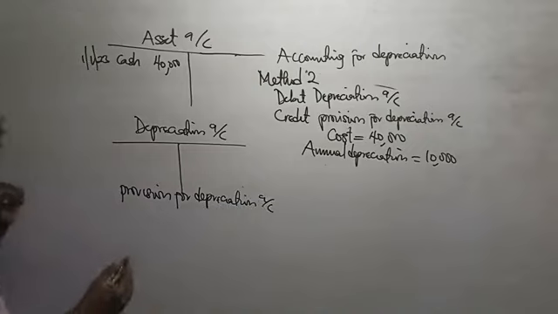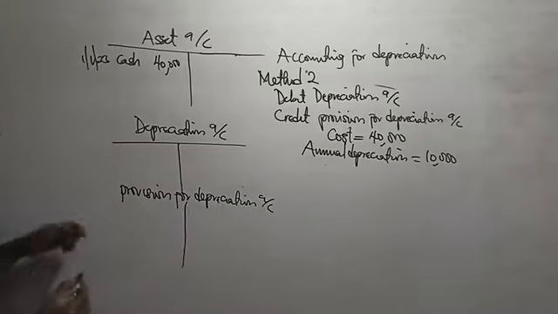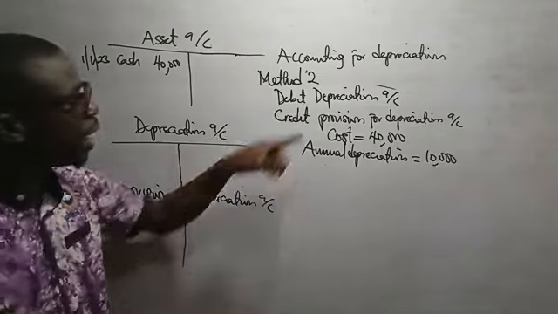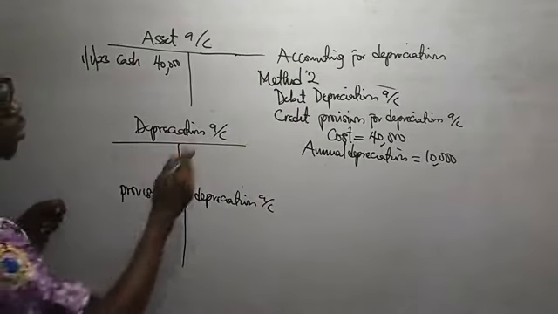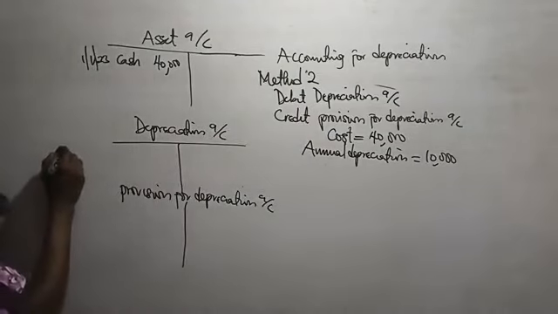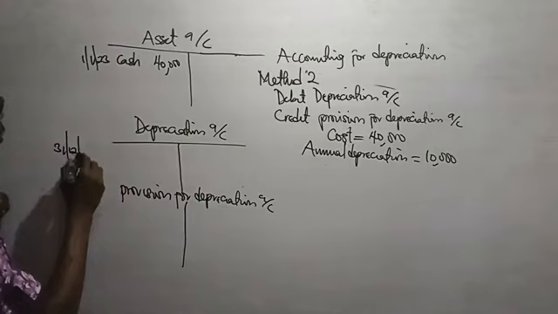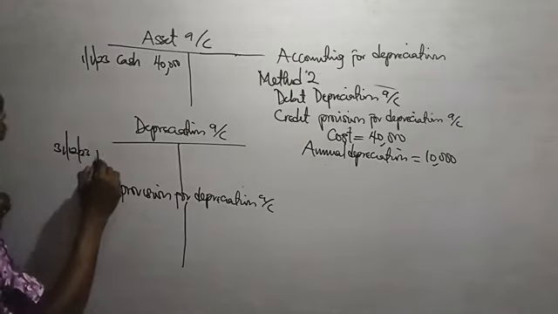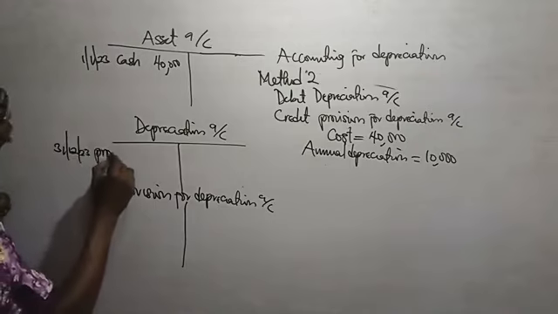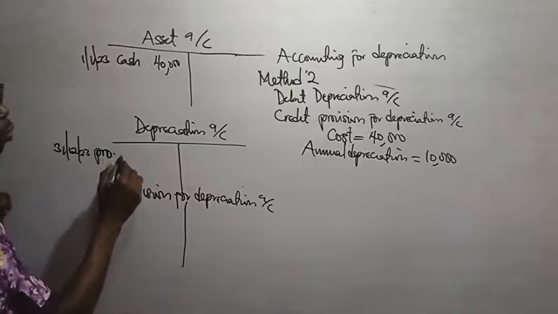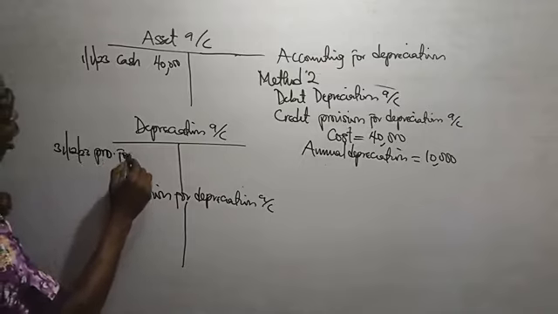That means you are making provision for depreciation. They said debit the depreciation account. Debit it. So it will be 31st December 2023. We have provision for depreciation account.